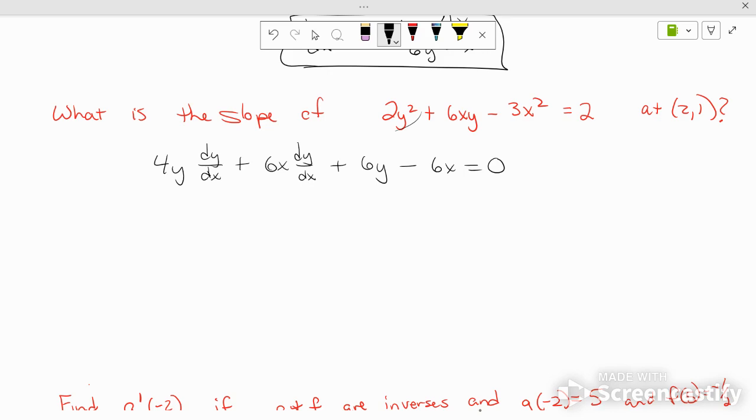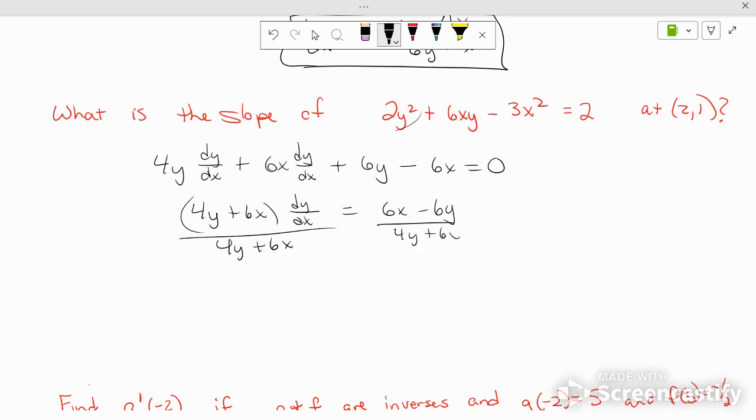So we have 4y plus 6x dy dx equals 6x minus 6y. Divide everything by 2 again.